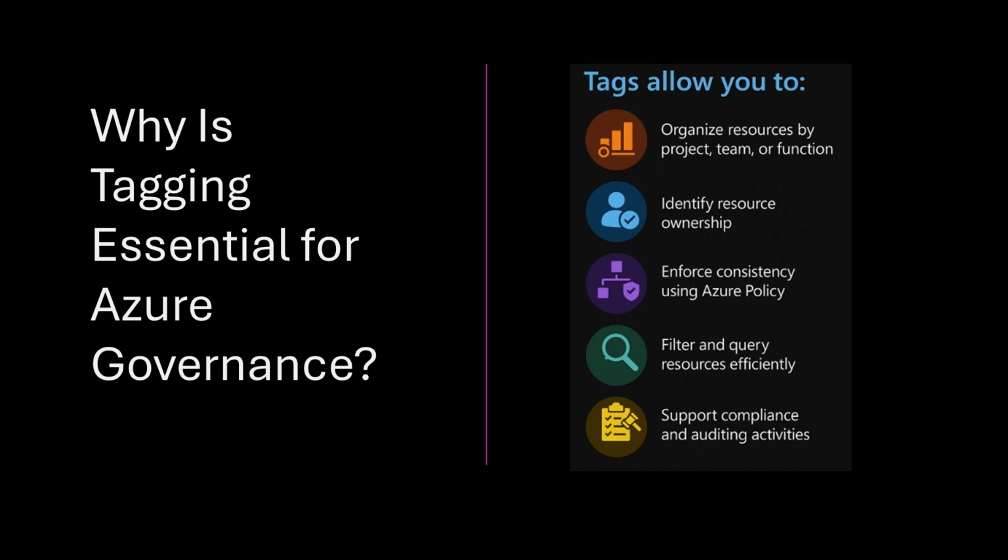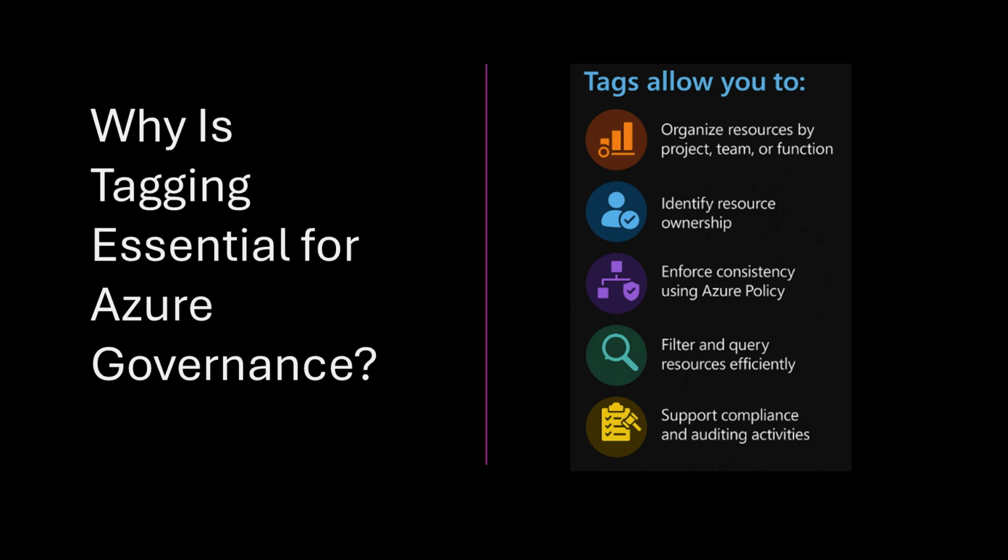When you are managing large environments, tags make it possible to filter and query resources efficiently, which simplifies everything from inventory management to reporting. Additionally, tags support compliance and auditing efforts by enabling the classification of workloads based on sensitivity or regulatory requirements.